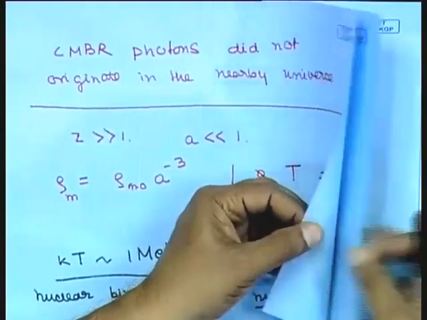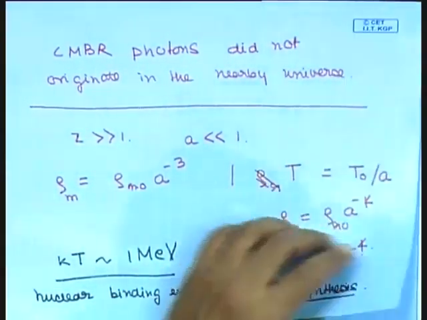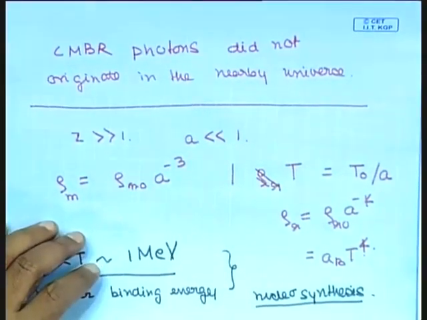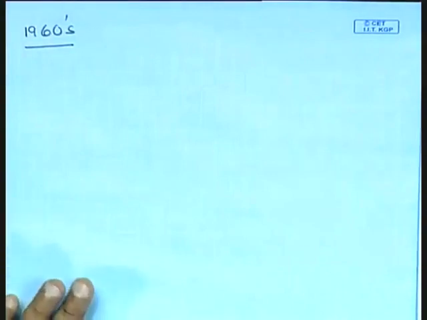let us go back to our discussion of the CMBR. I have told you that the CMBR was discovered in the 1960s, and at that time there were two models which were competing in cosmology.